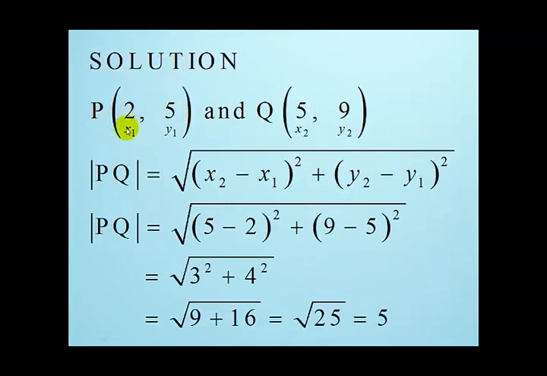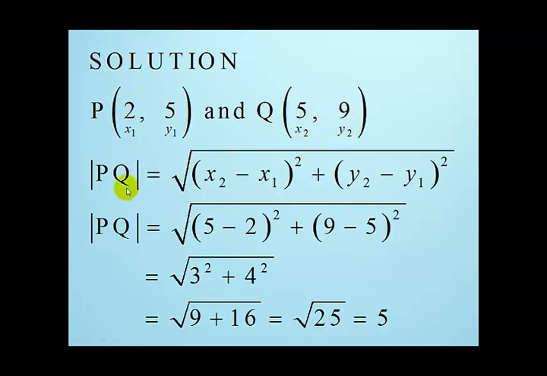So x1 is 2 and y1 is 5. Because for every point, the first value is your x coordinate and the second value is your y coordinate. Now for the point Q (5, 9), x2 is 5 and y2 is 9.